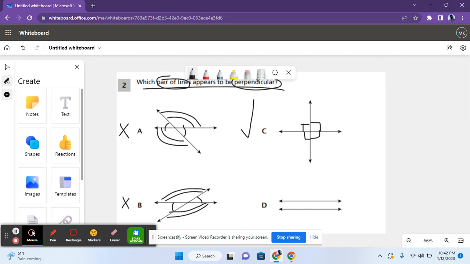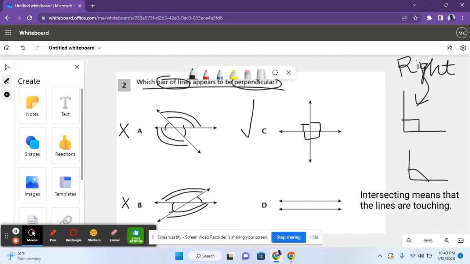By the way, if there's an angle that has a box instead of a circle, that means that the boxed one is a right angle, like it represents 90 degrees. And C has 4 of them, so C is a possible answer.